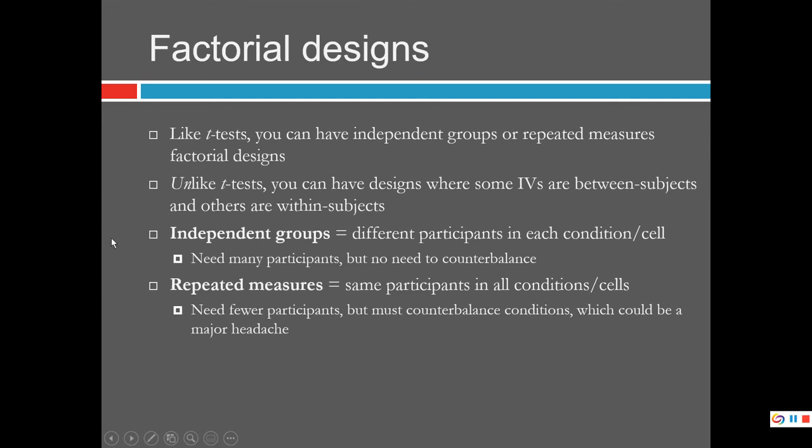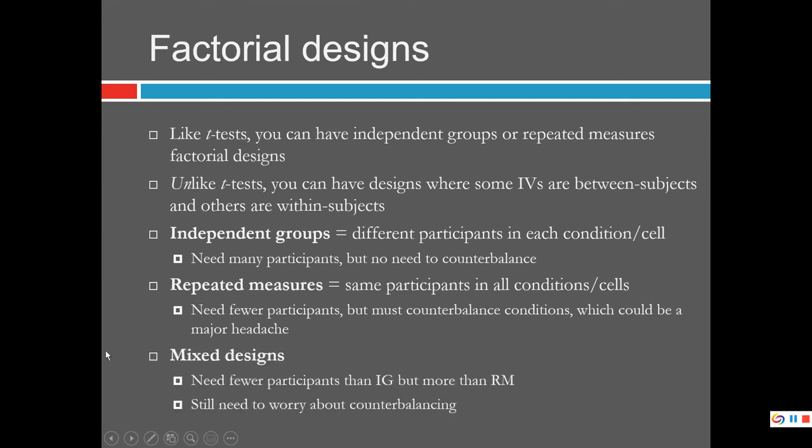So you can do all independent groups, you can do all repeated measures, or you can do a mix of both of them, like the one I described with the stress and lighting conditions, where you have one or more independent variables that's within groups and one or more independent variables that is between groups. So this is in some ways kind of the best of both worlds.